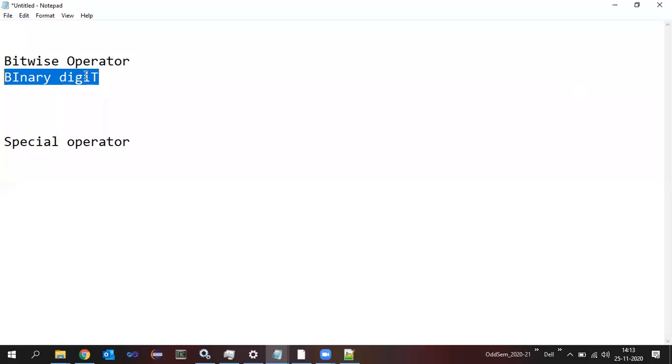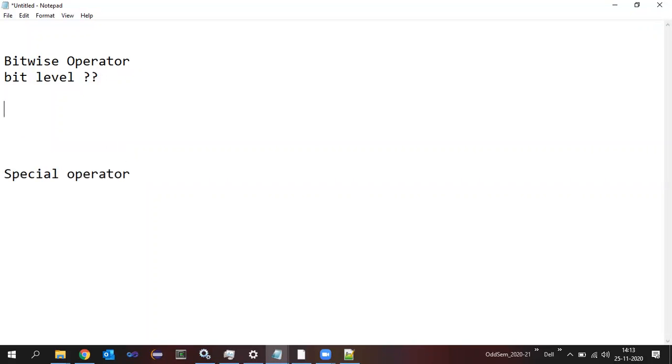So bitwise operators are certain operators which directly operate on the bit level. What do we mean by bit level? So far, whenever I write A equal to 10, what is this 10?